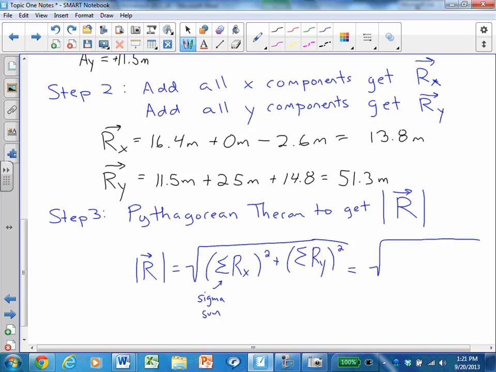our Rx was 13.8 meters plus 51.3 meters for Ry, and square that.